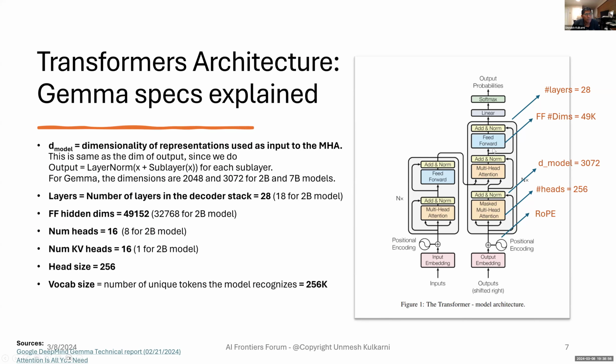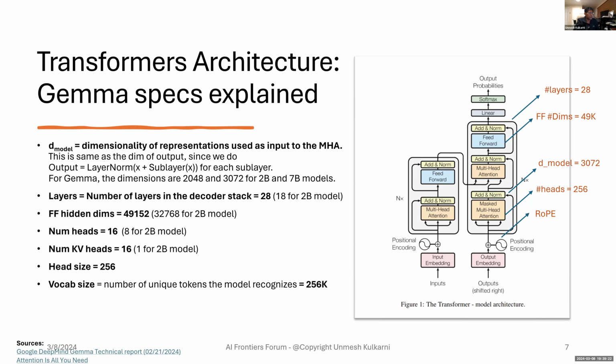If you look at the third box here called feed forward, that is the FF dimension, and that is about 49,000 here. And those are the sublayers, and you have 28 of those. So that is the structure of this model. The positional encoding is the rotary positional encoding for Gemma.